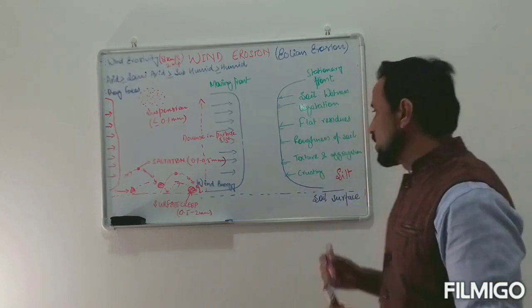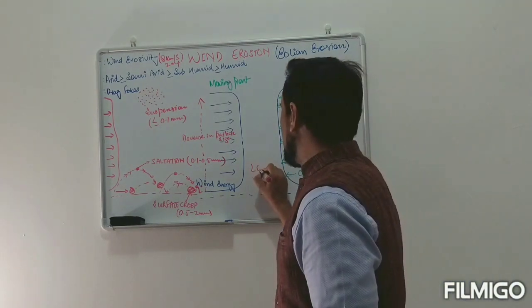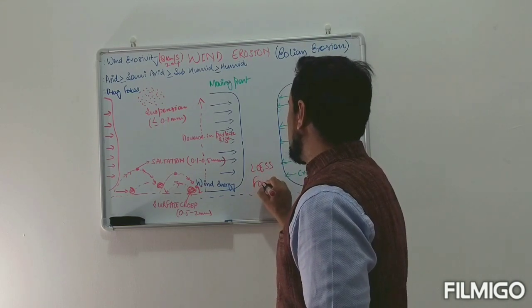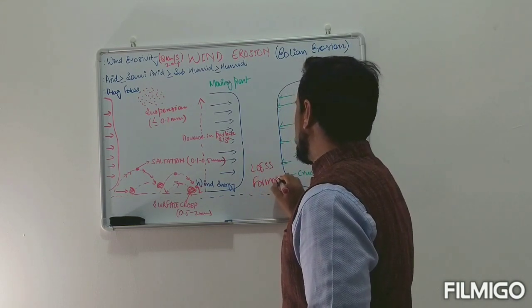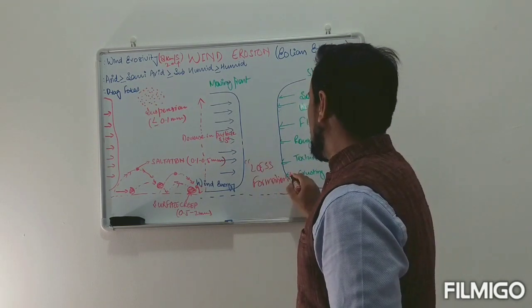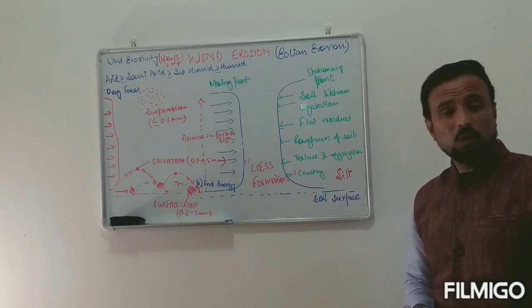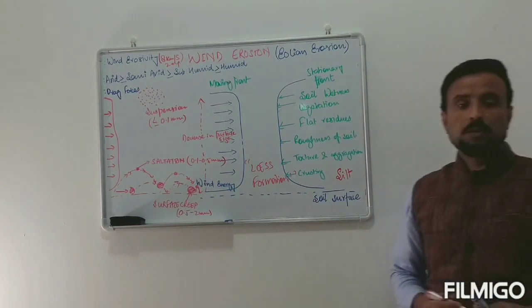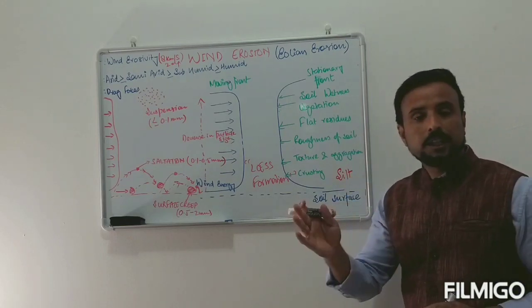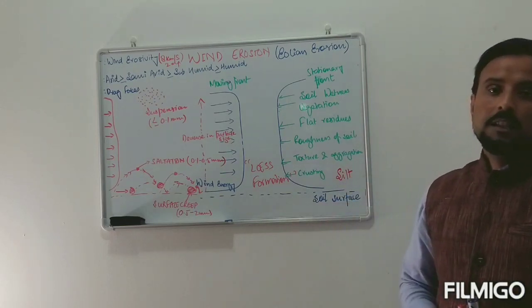Loess formation, L-O-E-S-S, is the characteristic feature of wind erosion. Loess means loose silt-sized particle movement with the wind.